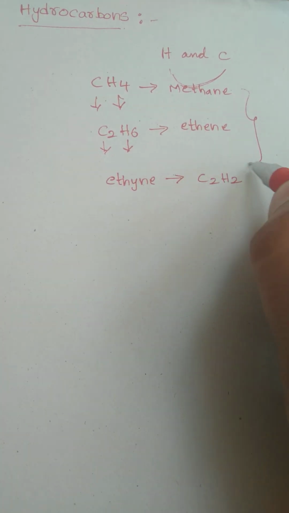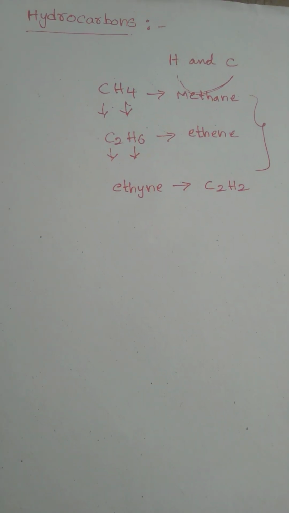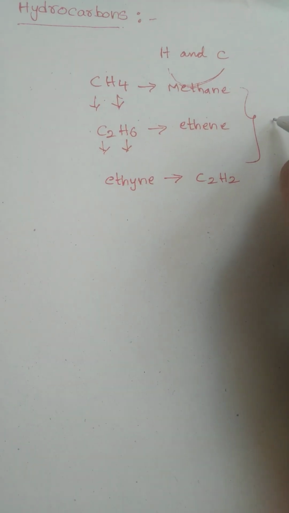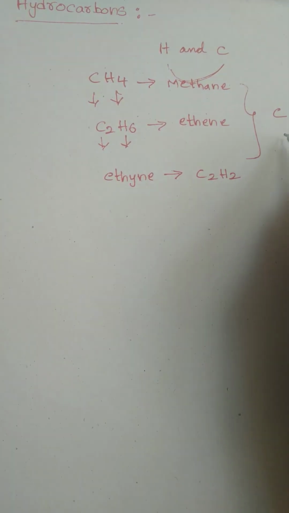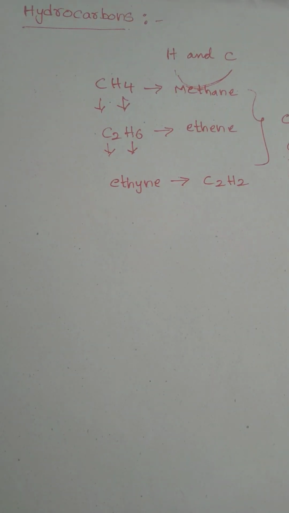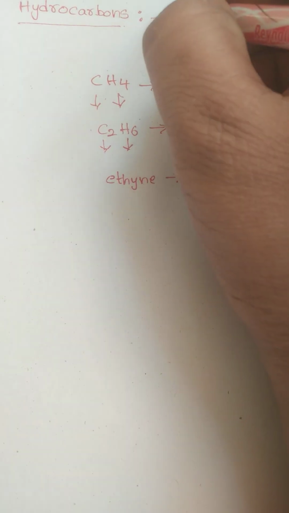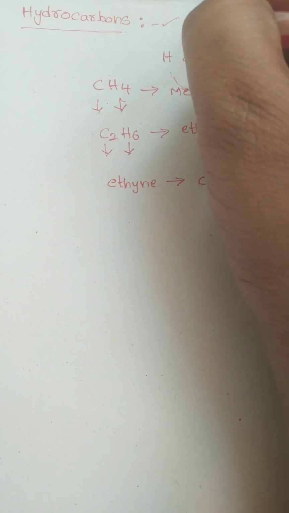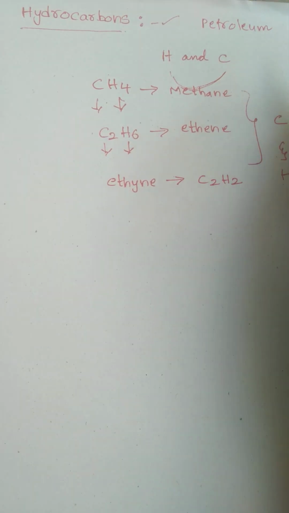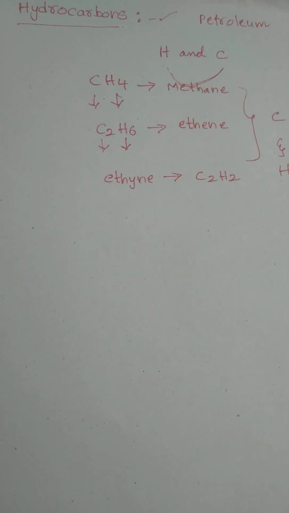They all are hydrocarbons because they are made up of only two elements, that is carbon and hydrogen. The most important natural source of hydrocarbons is petroleum. Petroleum is the most important natural source of hydrocarbon.